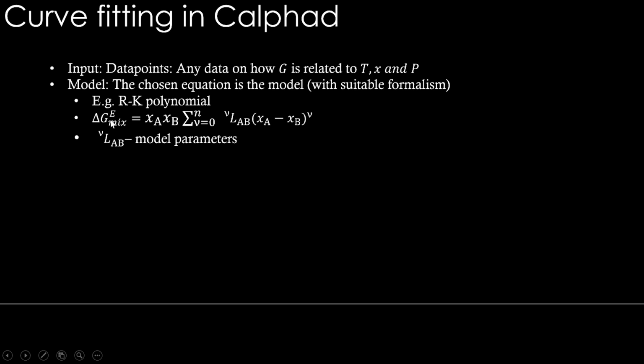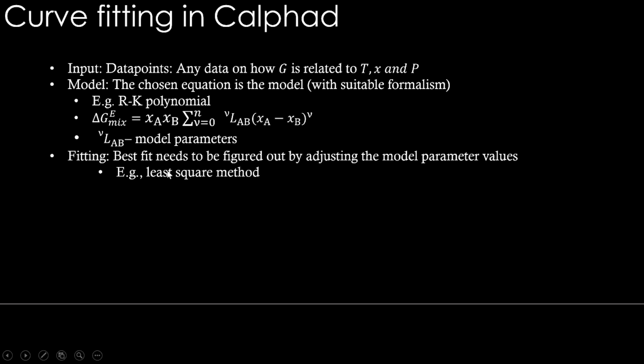Delta G XS mix is modeled like this: X_A X_B, then summation over nu equals 0 to n of nu L_AB (X_A minus X_B) to the power nu. We have seen this, and we said these L_AB are called model parameters, right? So this is the equation we choose to fit Gibbs energy as a function of these different things.